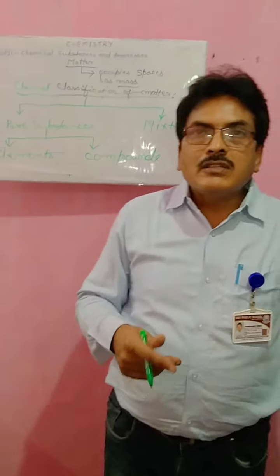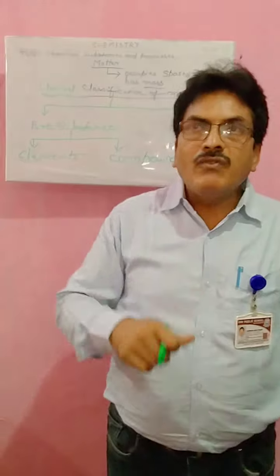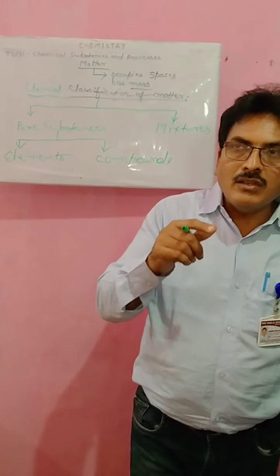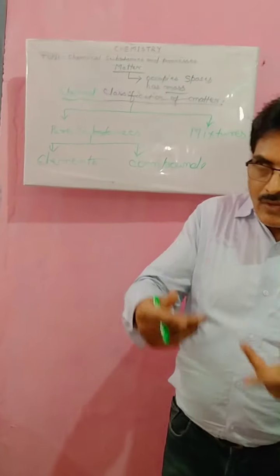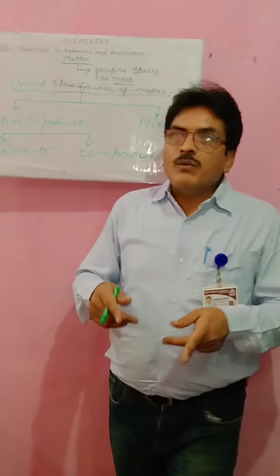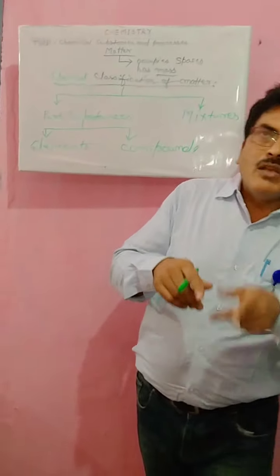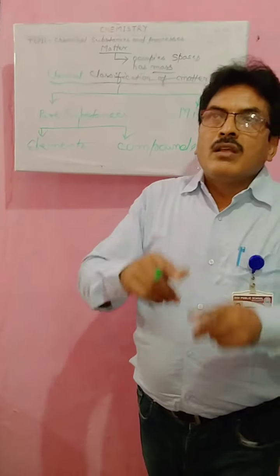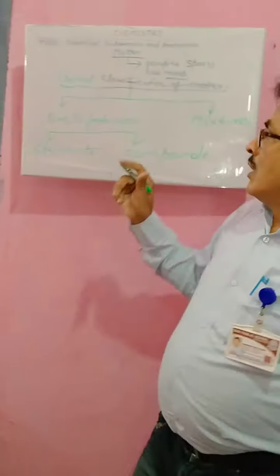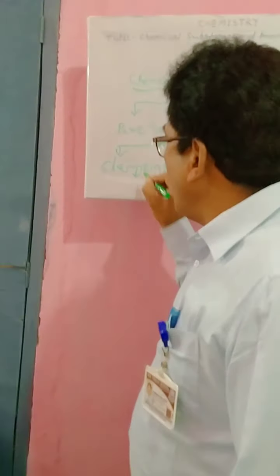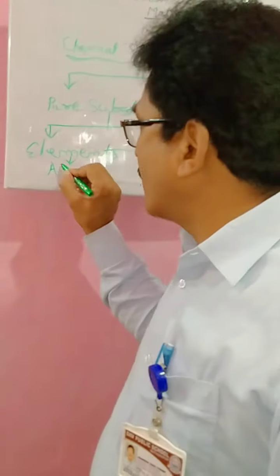Element is made of atoms. So the new definition is: an element is that type of pure substance which is made of the same kind of atom particles. Right? Now you can write that element is made of atoms.